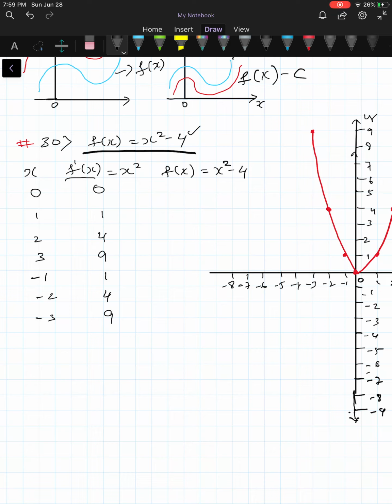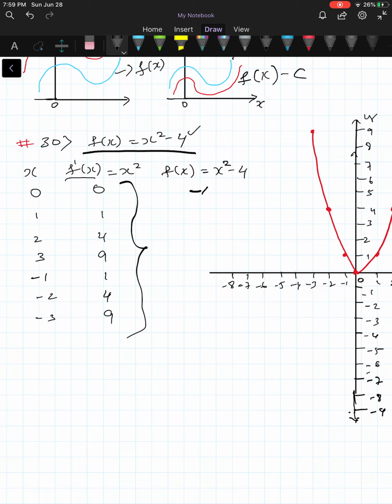The instruction says very clearly that you should sketch the graph not by plotting points. That means you should not take the given function, calculate its functional values and plot them. You should use the original function values and do the shifting process. I will do that by subtracting 4 from all the functional values given in this table.